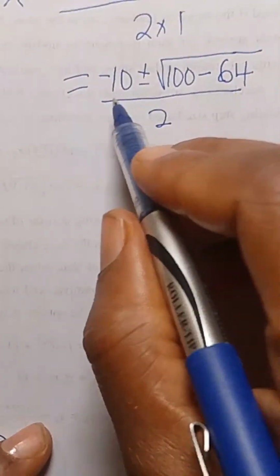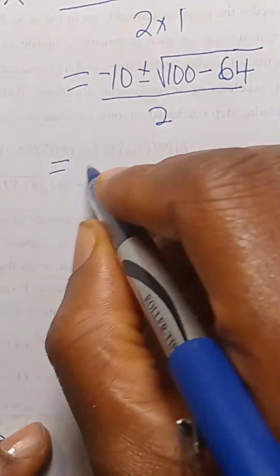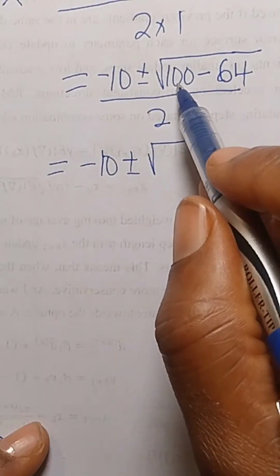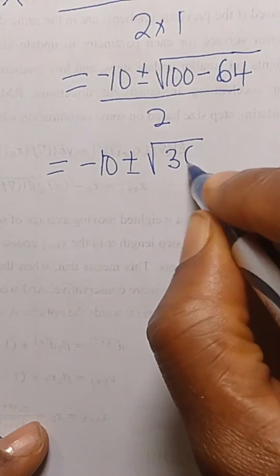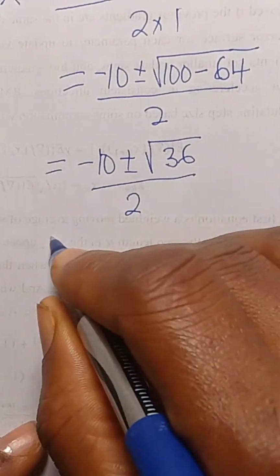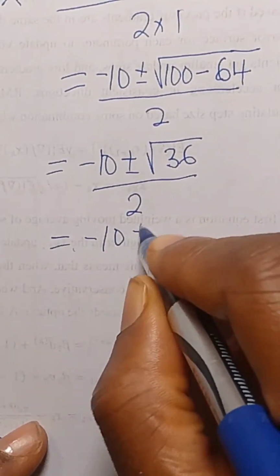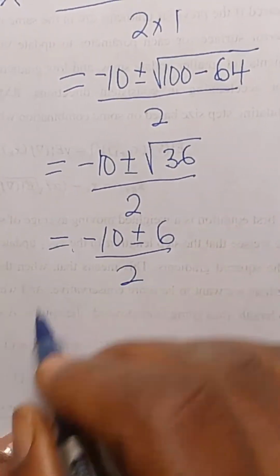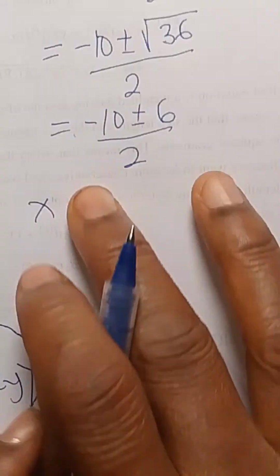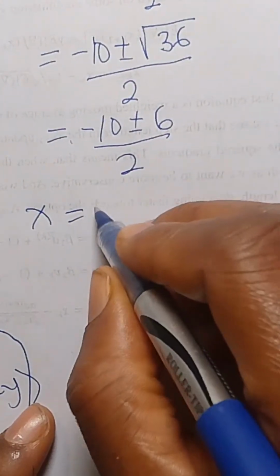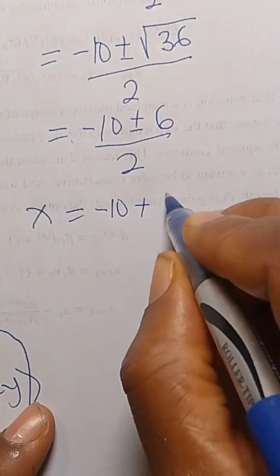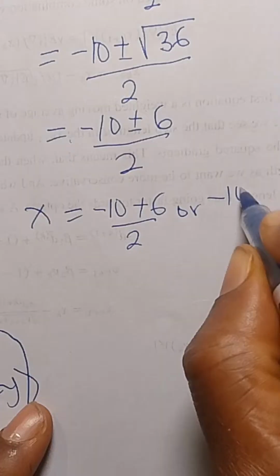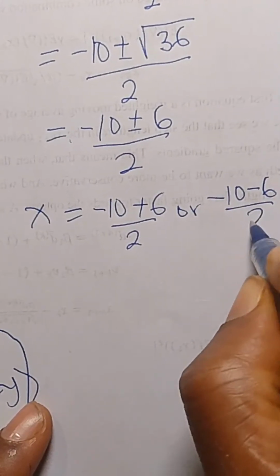So what we do next is we now simplify this. So this is equals to minus 10 plus or minus square root of 100 minus 64 is 36 all over 2. This is equals to minus 10 plus or minus square root of 36 is 6 all over 2. So our x is equal to, we take the first sign here, minus 10 plus 6 all over 2, or minus 10 minus 6 all over 2.